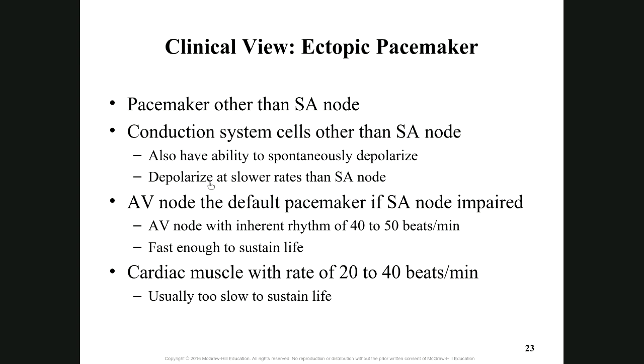Sometimes we have a problem with our SA node, and the AV node can work as a pacemaker. But when the AV node becomes the pacemaker, the heart rate decreases to 40 to 50 beats per minute. It's fast enough to sustain life. But when the heart rate becomes about 20 to 40 beats per minute, it's fatal.